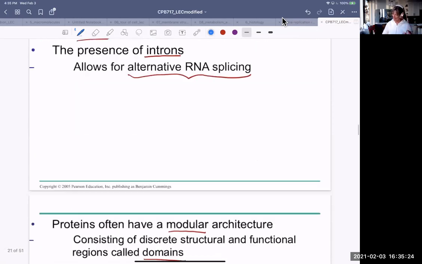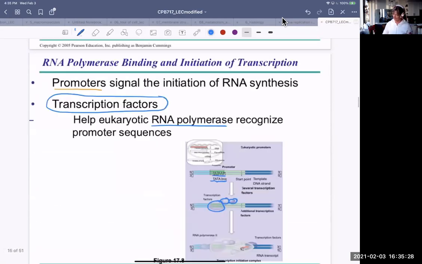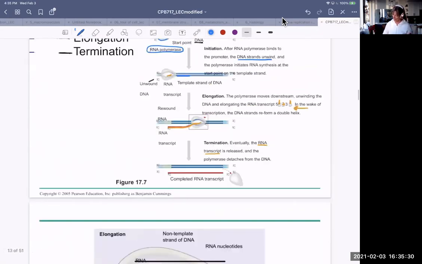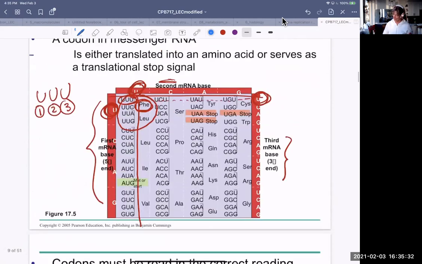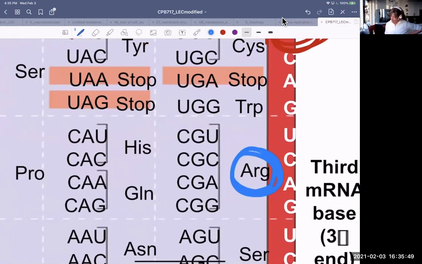Going all the way back to the code. There. So, for example, let's take a look here at serine. Oh no, even let's see, this is even a better one. Let's take a look at arginine here. So I'll blow that up, arginine.